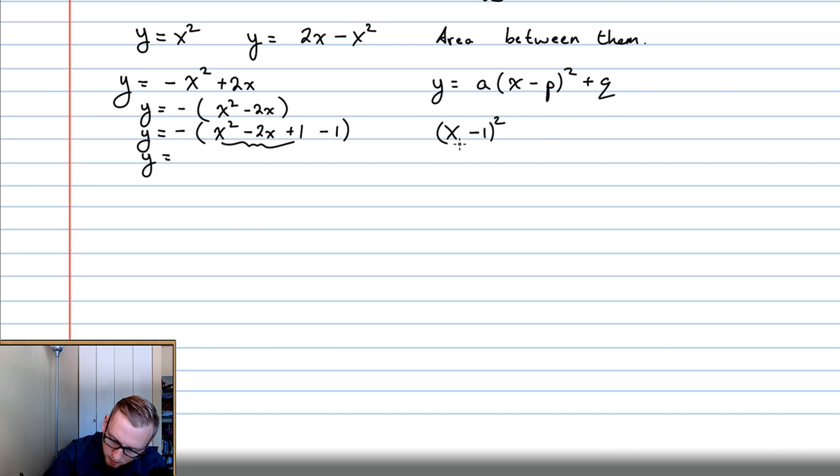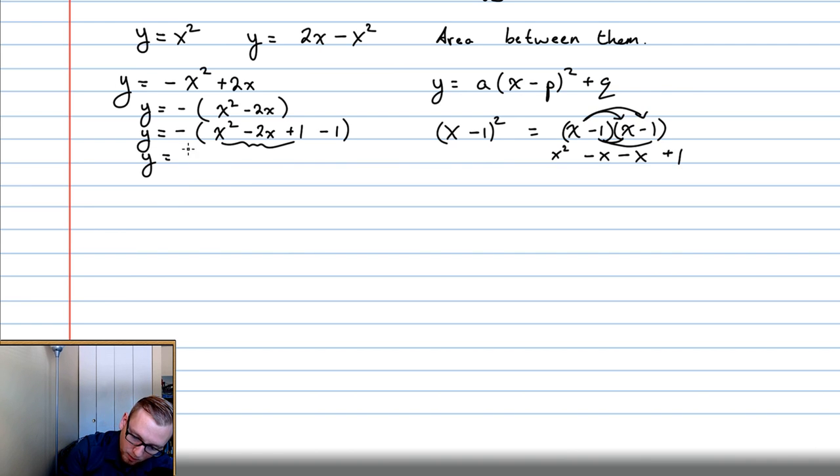You multiply it out, so you'd FOIL x minus 1 times x minus 1. X times x is x squared, minus x, minus x, and minus 1 times minus 1 is plus 1, so plus 1. See, we'd get the same.